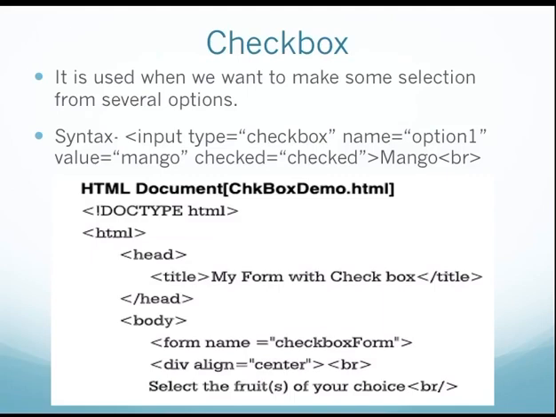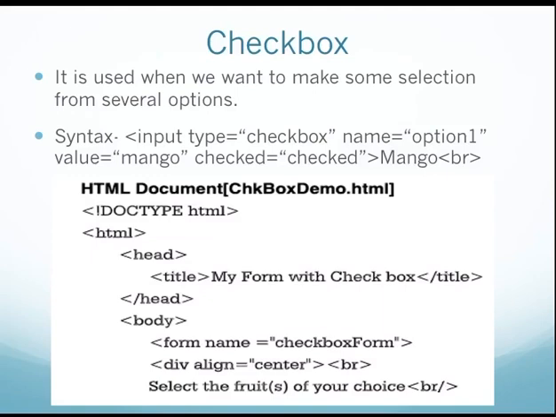For example, you are filling in an admission form, right? So there are multiple fields, multiple options are given to you, and you want to select certain options from them. So you can use a checkbox there.